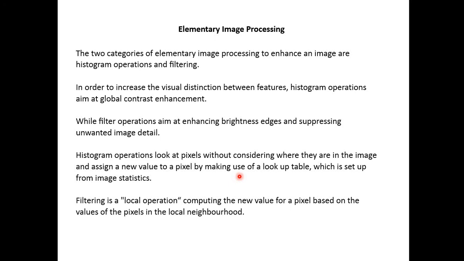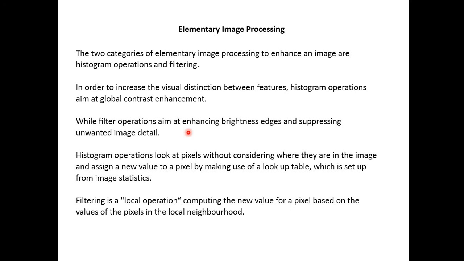Similarly, we can also perform elementary image processing techniques. There are 2 categories: histogram operations and filtering. We use histogram operations and special filters to enhance the image visualization. Histogram operations aim at global contrast enhancement, while filter operations aim at enhancing brightness and edges and suppressing unwanted image detail.